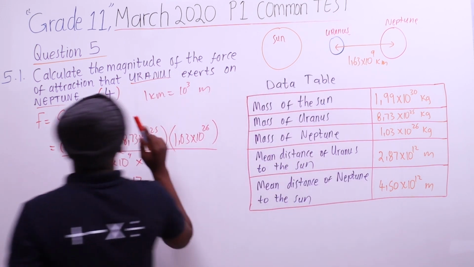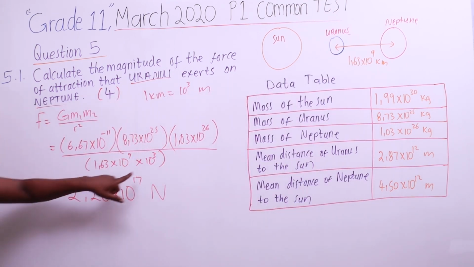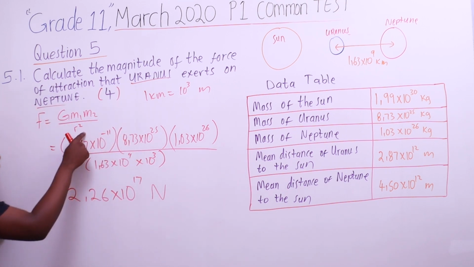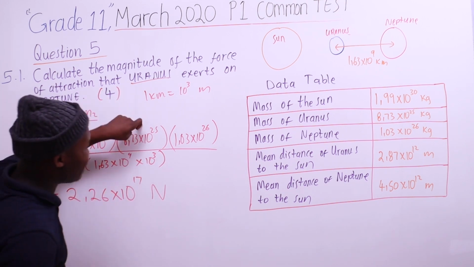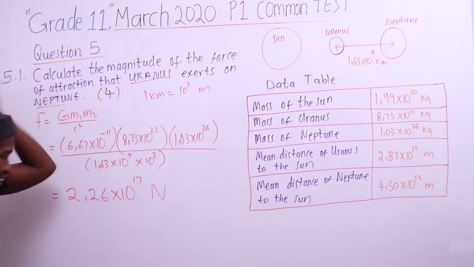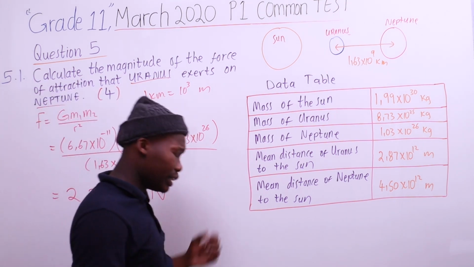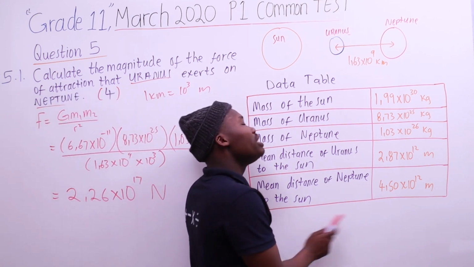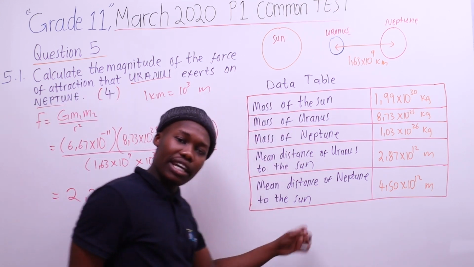Your answer is 4 marks. You did the conversion. You get a mark for the right number for G, the right number for the mass of Uranus, the right number for the mass of Neptune. Use the data table carefully.